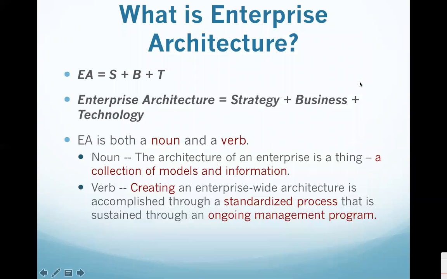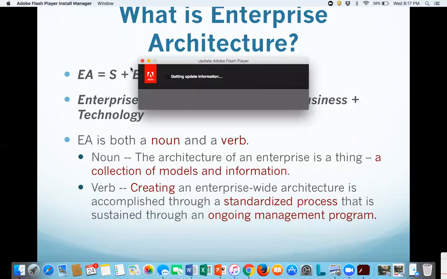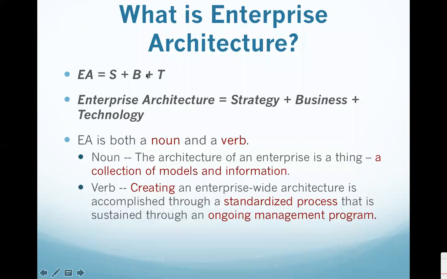So as I said, EA can be thought of as strategy plus business plus technology. EA is both a noun and a verb. When I was new to enterprise architecture, I heard people talking about EA as a noun and EA as a verb, and I was like, huh? What do you mean?